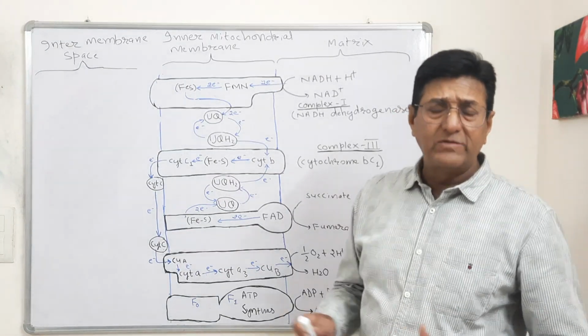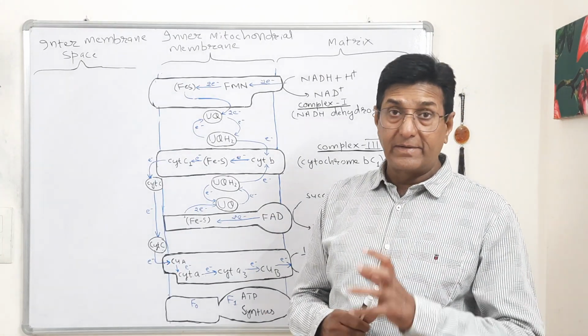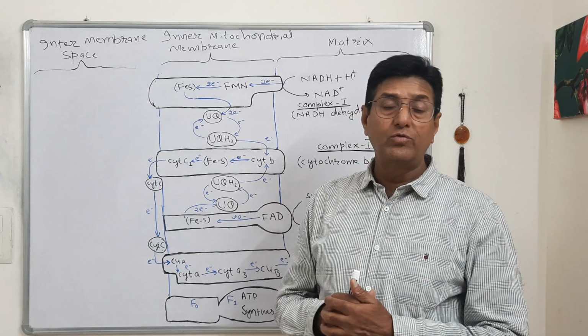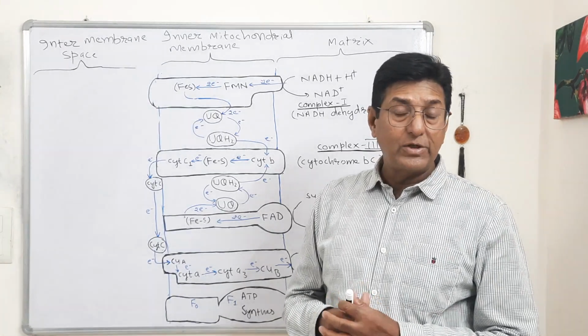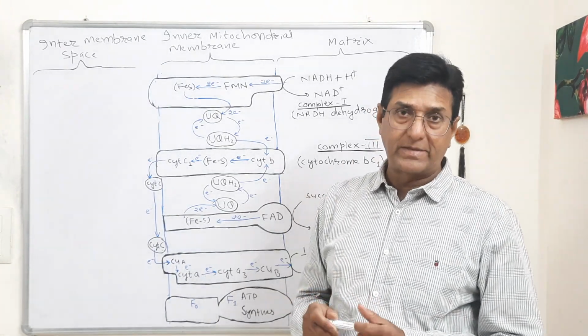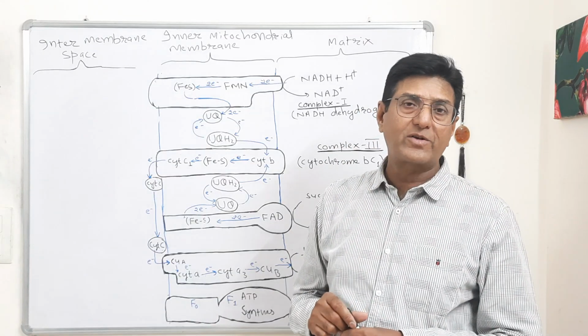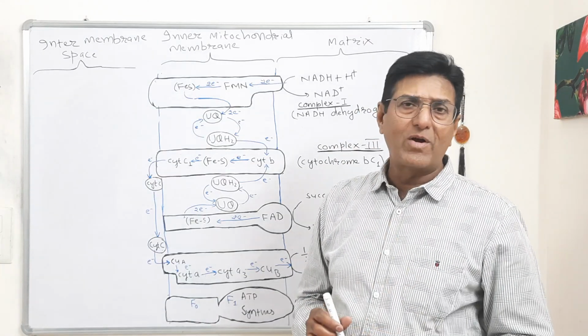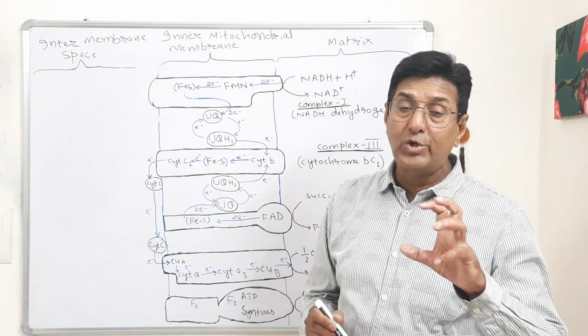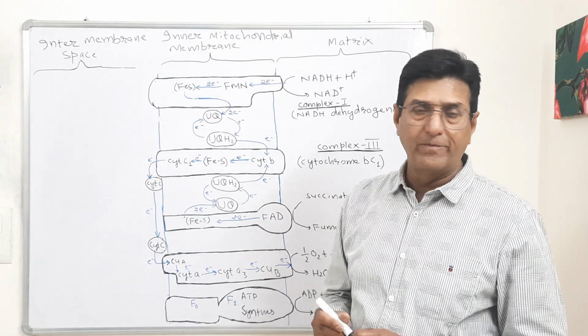This is very important: UQ and UQH2 carry two electrons at a time, but cytochrome C carries a single electron, one electron at a time, and these numbers of electrons are maintained by the Q cycle of ubiquinol.